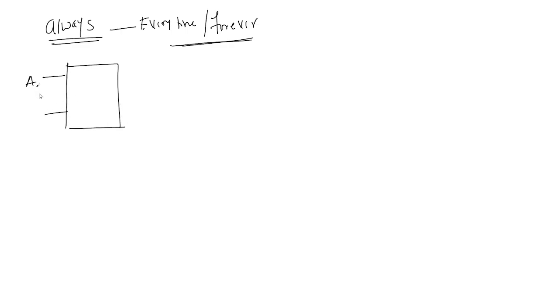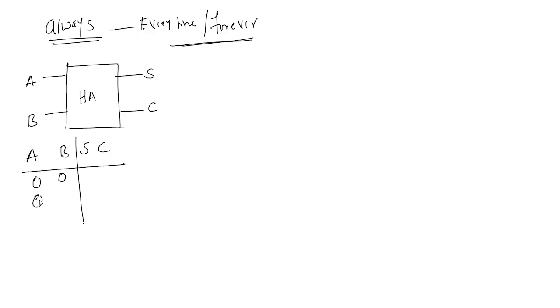Two inputs, A and B. And how many outputs? Two outputs, sum and carry. So you know the truth table for a half adder: A B, sum and carry. 0 0, 0 1, 1 0, 1 1. Sum 0 carry 0, sum 1 carry 0, sum 1 carry 0, sum 0 carry 1.